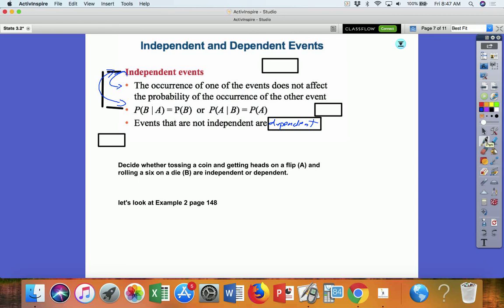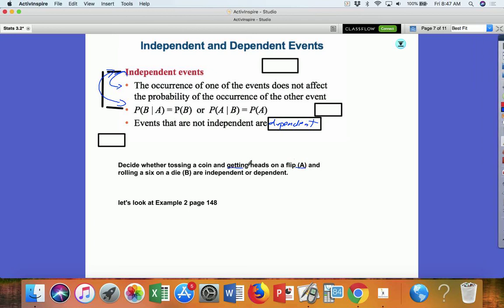Okay, so let's do this problem here. So we're going to say event A is it coming up heads on a flip of a coin. And we're going to say event B is rolling a 6 on a die. Okay? So what is the probability of A given B? What would be the probability of getting heads on a coin if I just rolled a 6 on the die?